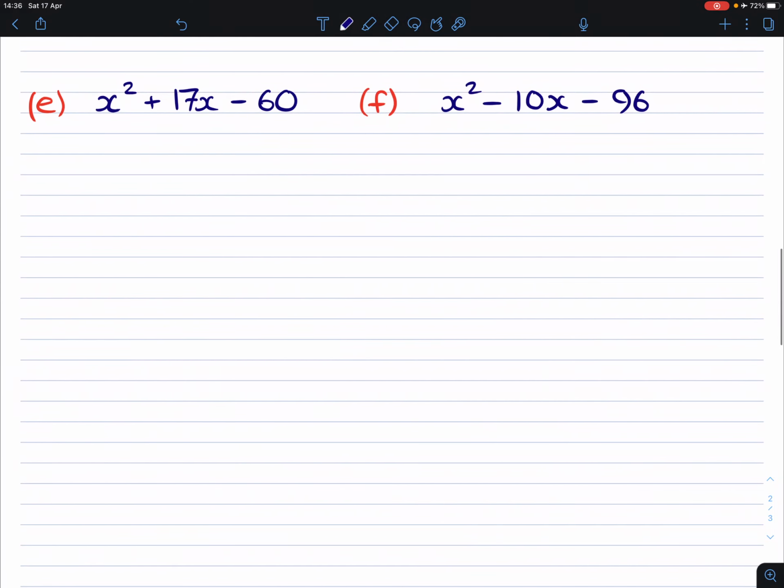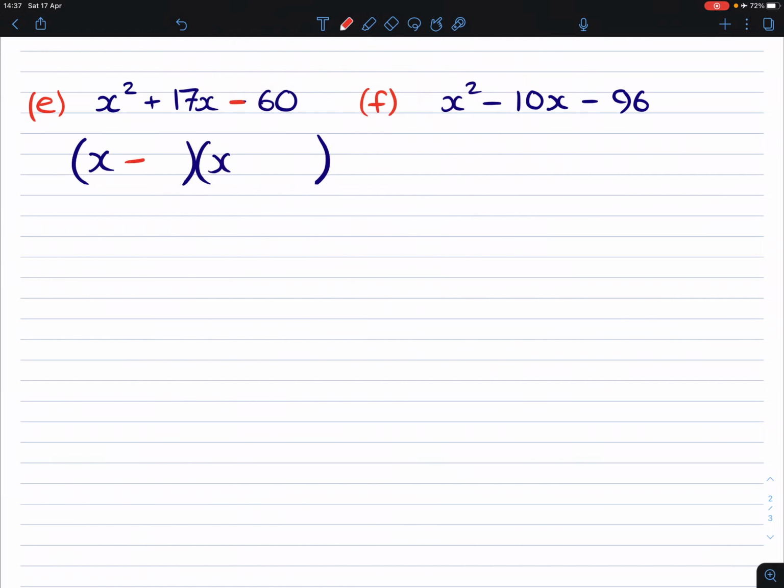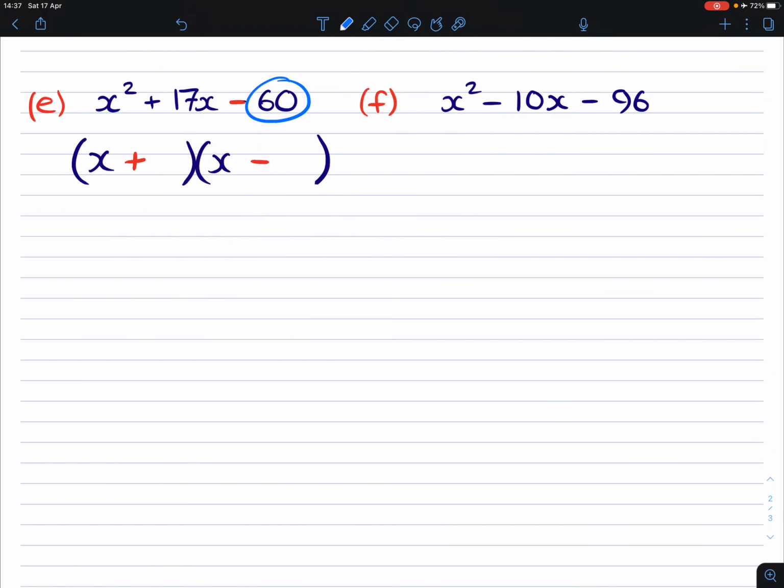Last two. First one, nothing in common between the three terms, so I don't have a common factor to take out. X times x makes x squared. Negative 60 tells me that these signs are the opposite. Factors of 60 are going to be 1 and 60, 2 and 30, 3 and 20, 4 and 15, 5 and 12, 6 and 10, 7 doesn't work, 8 doesn't work, 9 doesn't work.